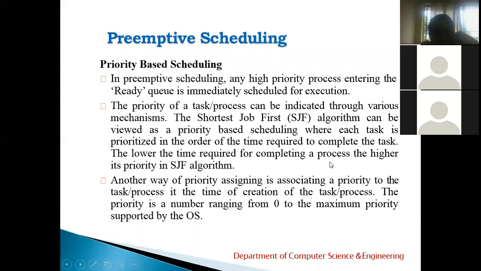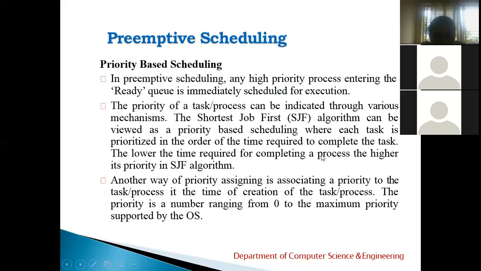Sometimes in the operating system there will be n number of processes, and it will give them priorities. Whichever has the highest priority will be executed first. So in priority based scheduling, the highest priority process is given the first chance. The priorities are given based on a number. 0 is the highest priority.